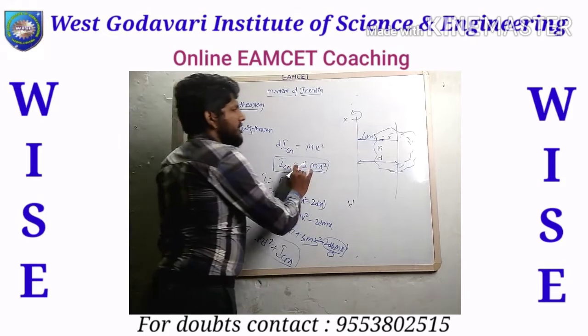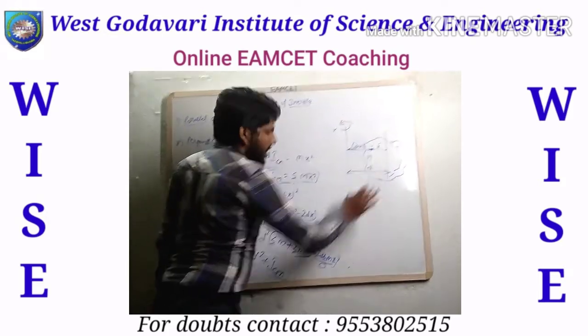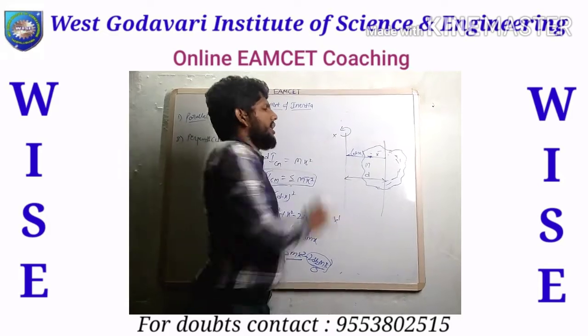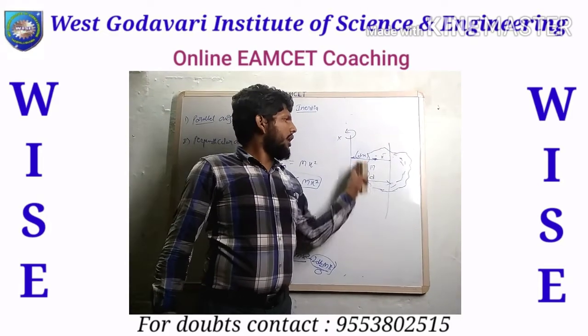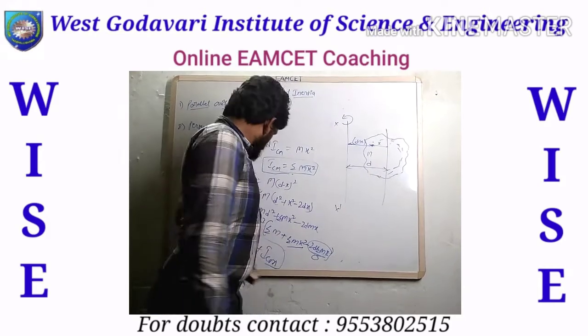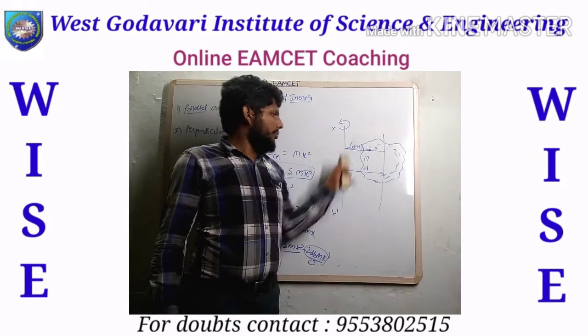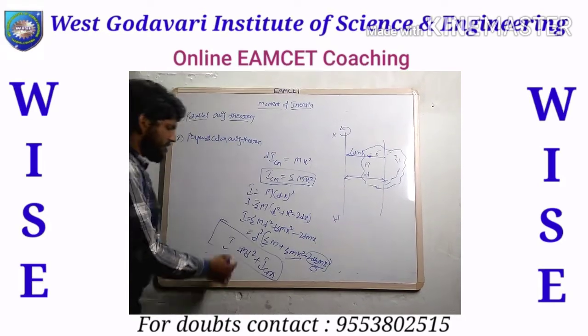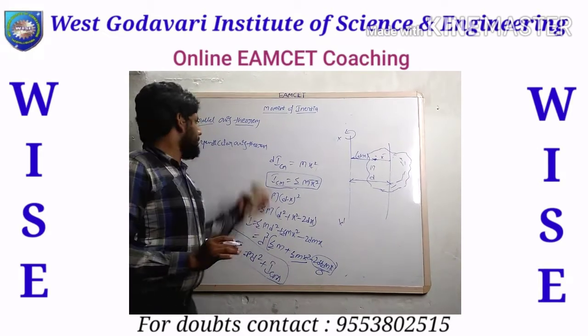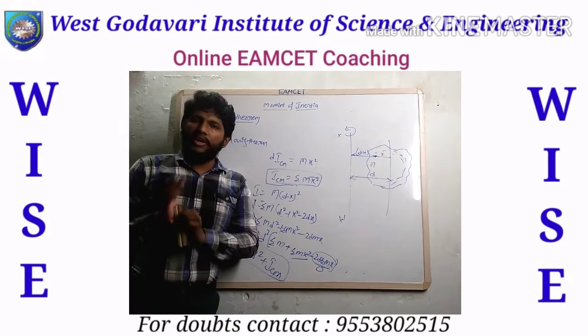ICM is the inertia from the center of mass axis, and m d square is the inertia from this axis. This is the equation for the parallel axis theorem when you want to find the moment of inertia.